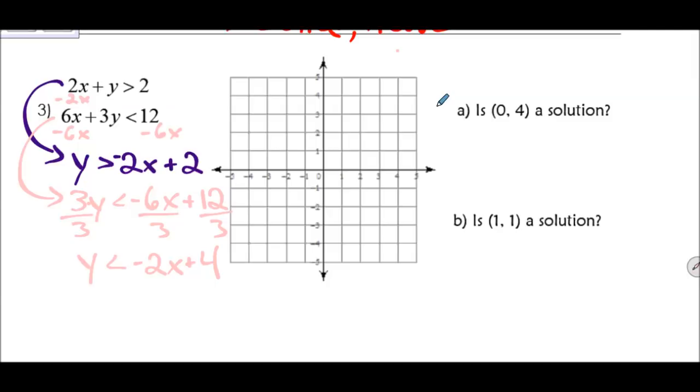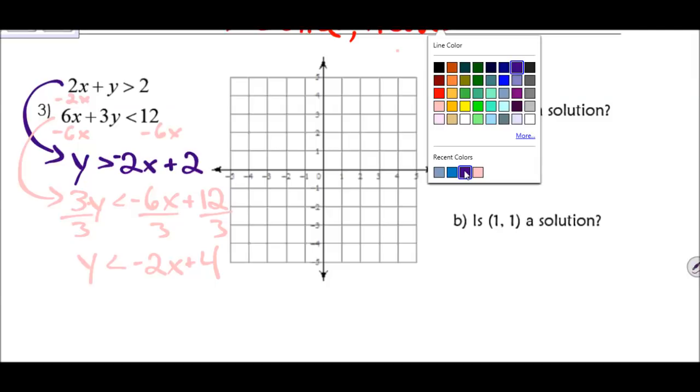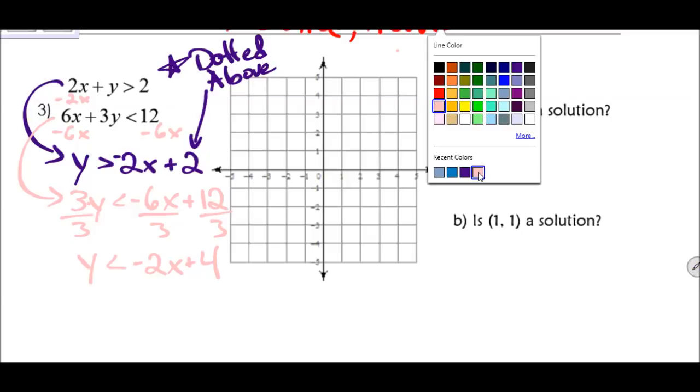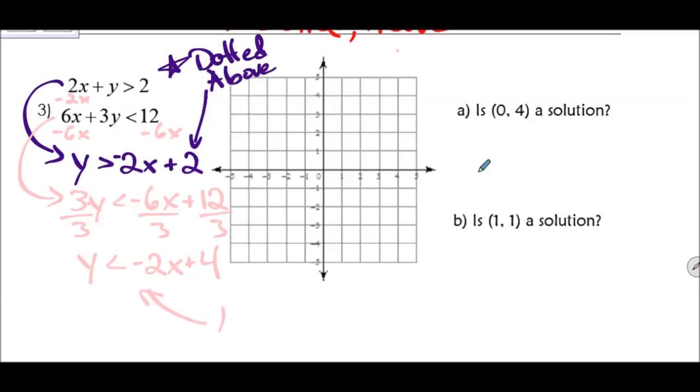So I'd like two inequalities. Actually, let's go back and just make sure we're clear on this one. This is a dotted line, and we're shading above that. This one is also a dotted line, but we're shading below that because it's saying it's less than.